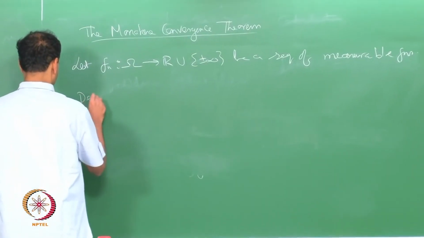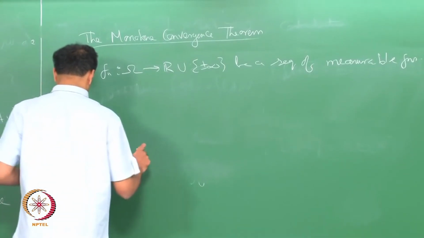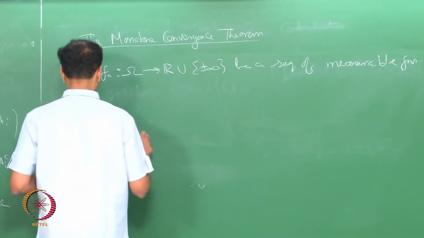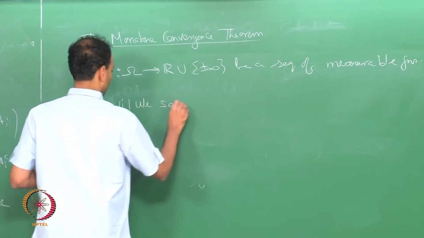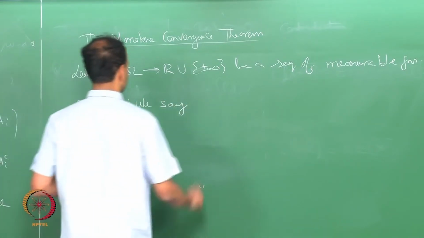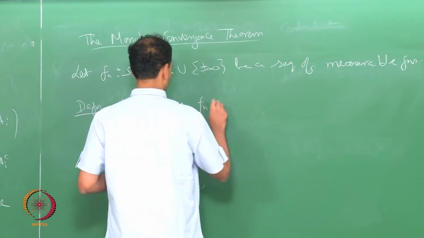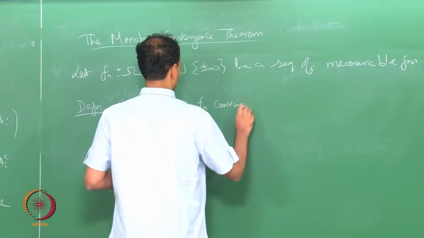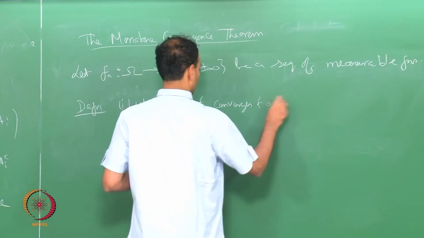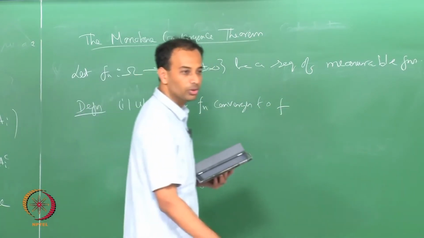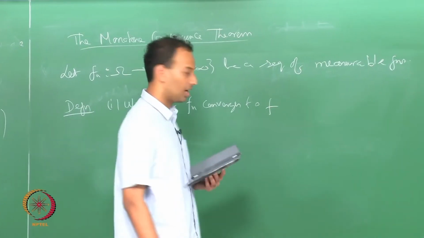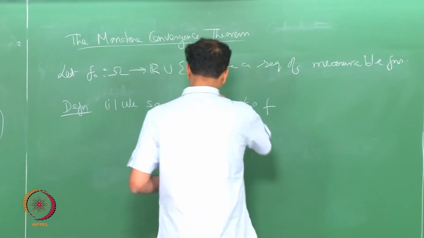Definition: we say f n converges to f, where f is another function from omega to R, the real line.